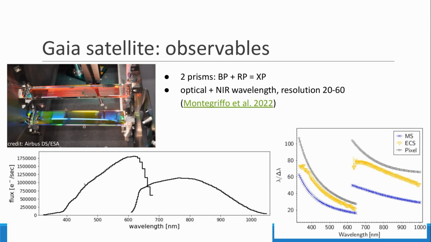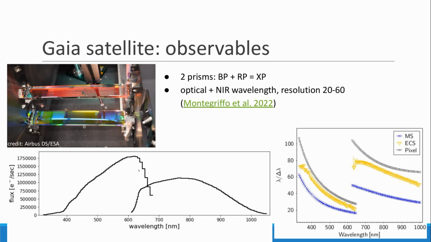You get the BP spectrum here in the blue part of the optical range, and you get the RP spectrum in the red part. What you can see here is that the BP-RP spectra really cover the optical wavelength range, and they go a little bit into the very near infrared.